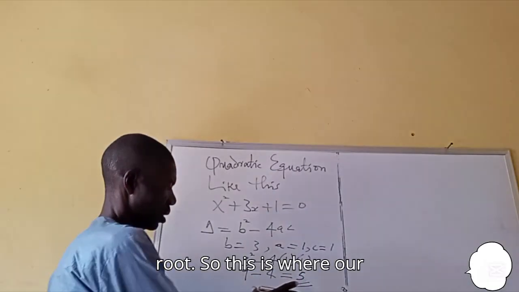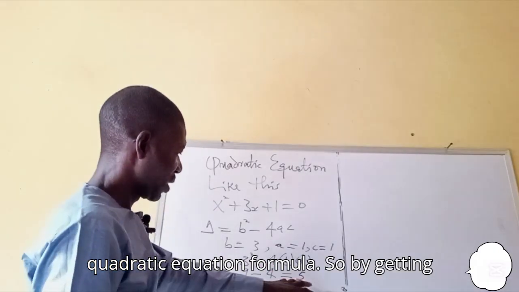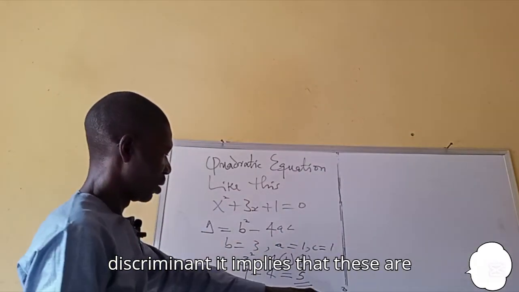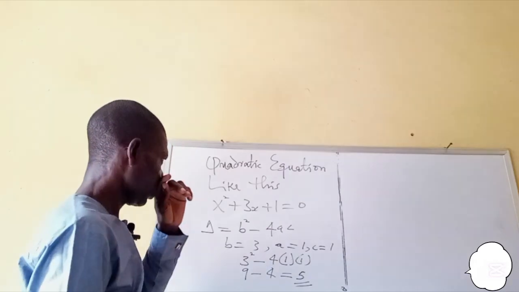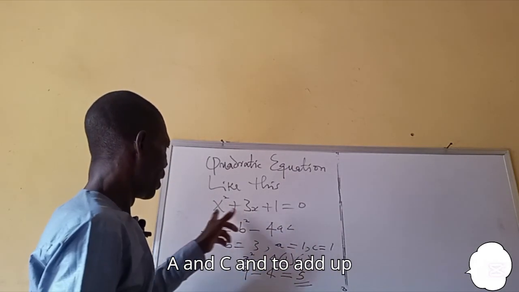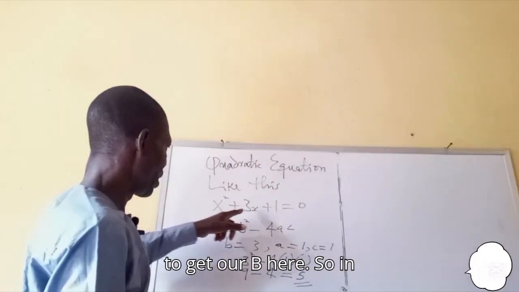By getting this non-perfect square for the discriminant, it implies that this equation cannot be factored. That is, we cannot get factors of a times c that add up to get our b here.